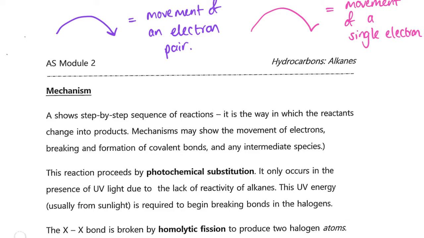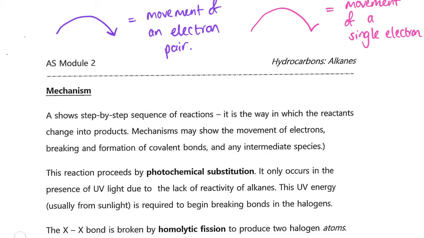We'll be meeting both of these types of arrows in our mechanisms in our study of organic chemistry in the next few topics. You need to be familiar with what they represent, and they always show the direction in which the electrons are moving as well. But as I said, it's this type of arrow that we're going to use in this mechanism. A mechanism is just a step-by-step process of what happens in a reaction.